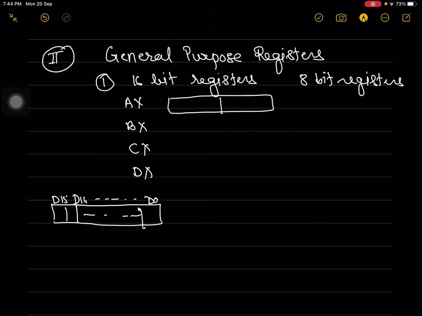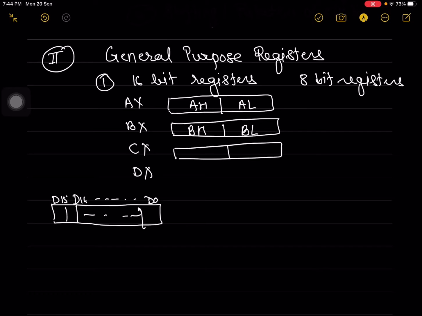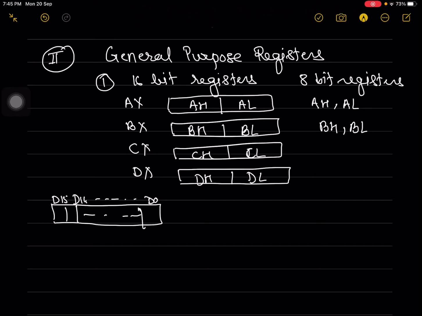and each 16-bit register is further divided into two parts known as AH-AL, BH-BL, CH-CL and DH-DL. So we have these 8-bit registers AH-AL, BH-BL, CH-CL, DH-DL, which are part of AX, BX, CX, DX.